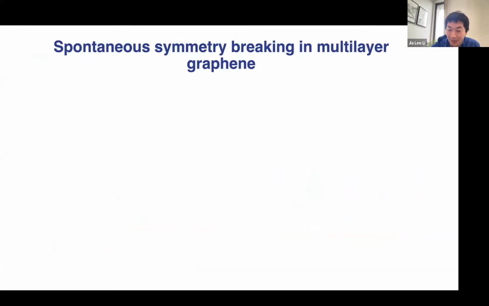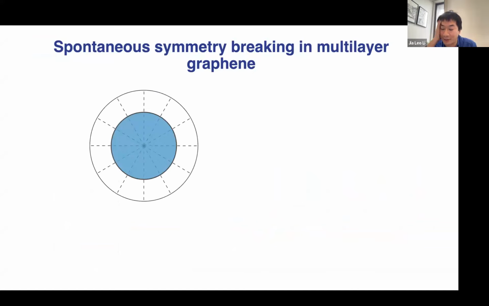And the Coulomb interaction within the flat band could have other interesting phenomena, which will be more related to the topic here. For example, one of the very interesting consequences of strong Coulomb correlation has to do with rotational symmetry breaking. You can start with a Fermi surface that's circular, so it preserves rotational symmetry.